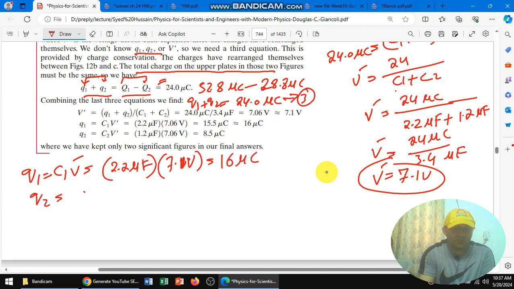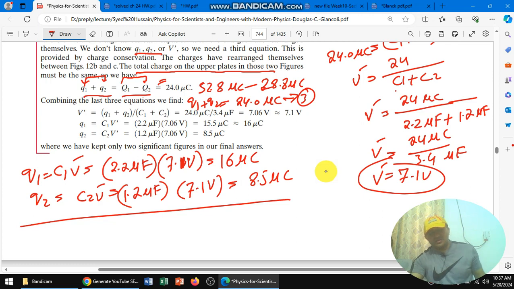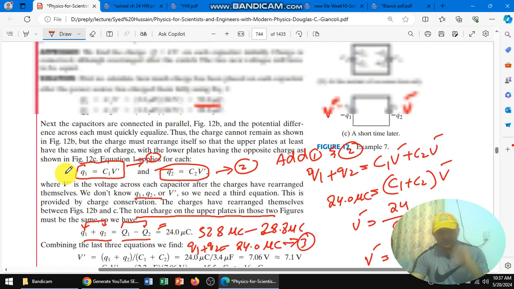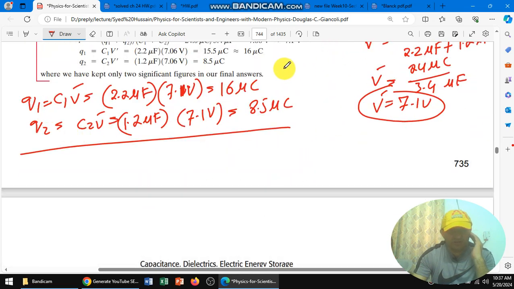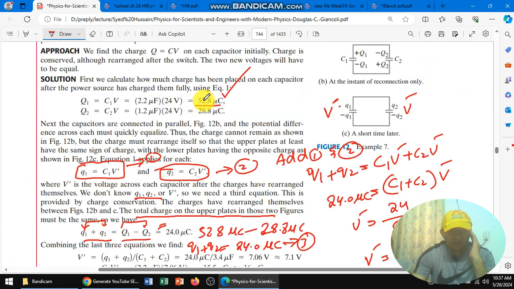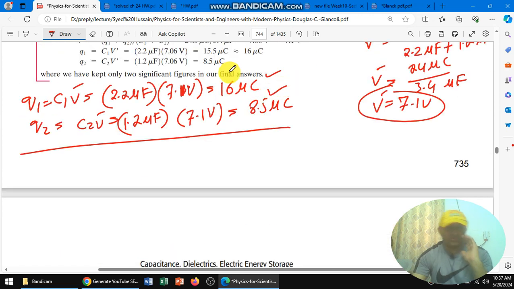Q2 is equal to C2V dash, so C2 is 1.2 microfarad and we multiply by the potential V dash, 7.1 volt, that gives us 8.5 microcoulomb. So initially Q1 is 52.8, but finally Q1 is 16, and initially Q2 is 28.8, but finally Q2 is 8.5 microcoulomb. Okay, thank you.